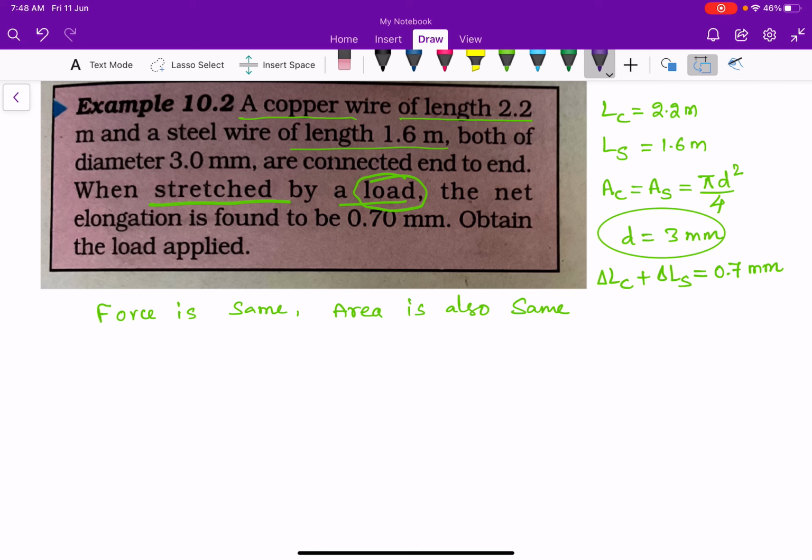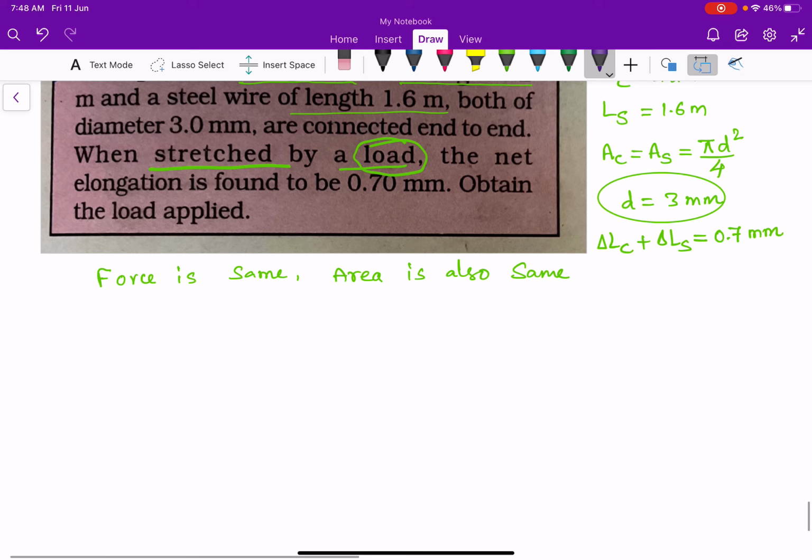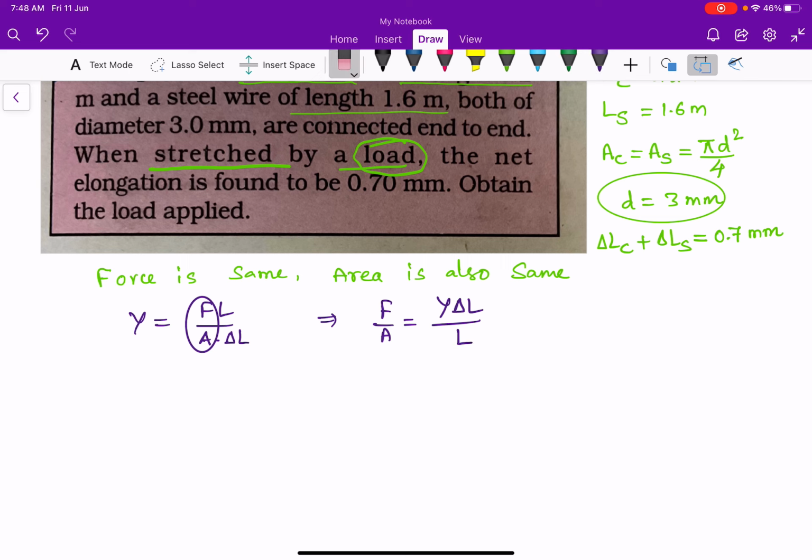Now here we know that Young's modulus Y is equal to F into L by A delta L. So bringing F by A, force per unit area is equal to Y delta L divided by L. Force is the same in both the cases, area is also the same, therefore force per unit area is also the same.